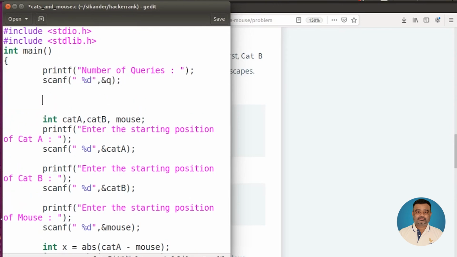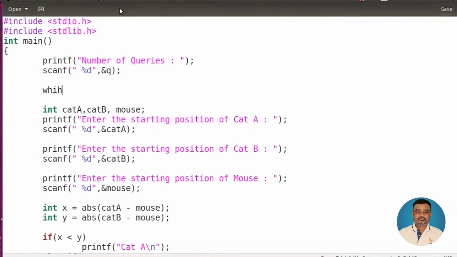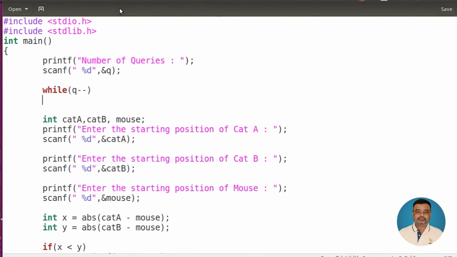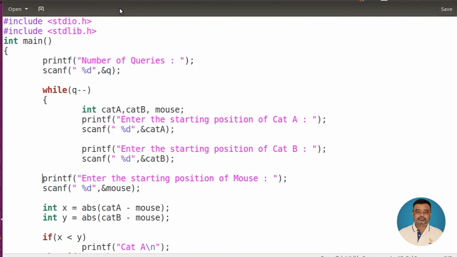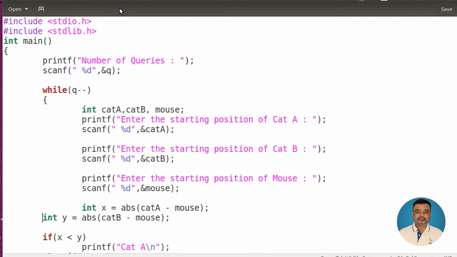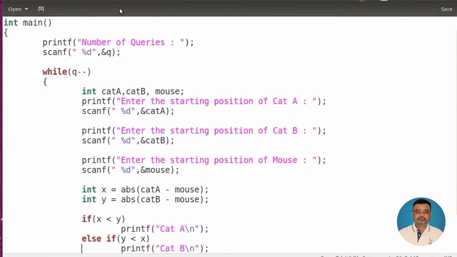And then the loop should repeat q number of times. So we can indent everything here, one step in. It's always good to indent.